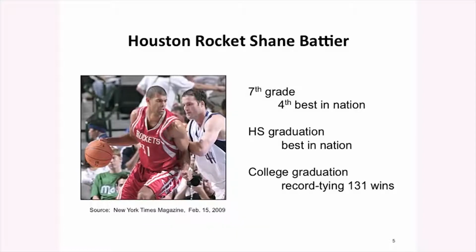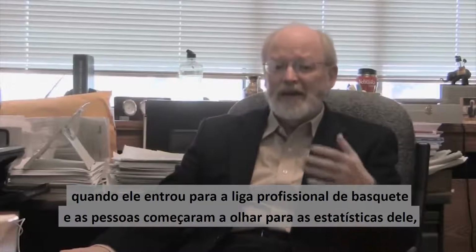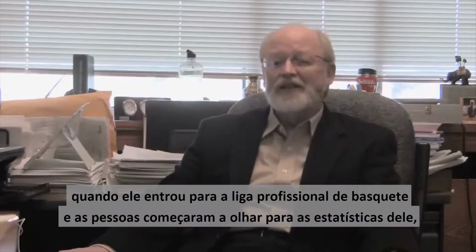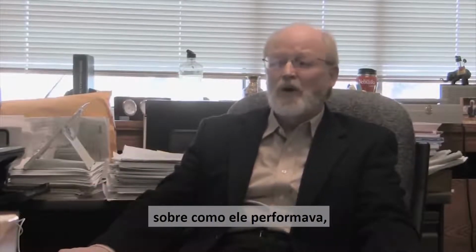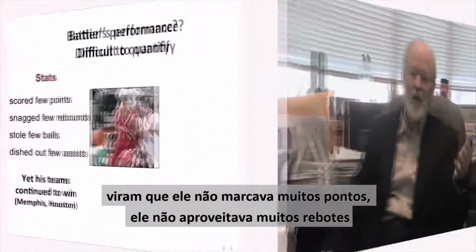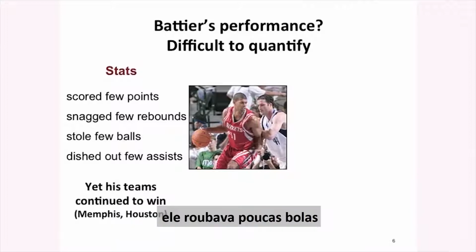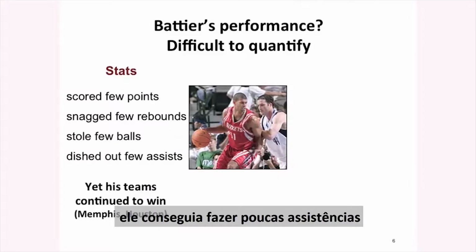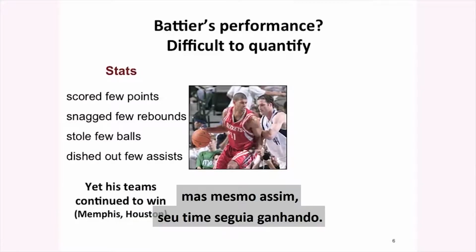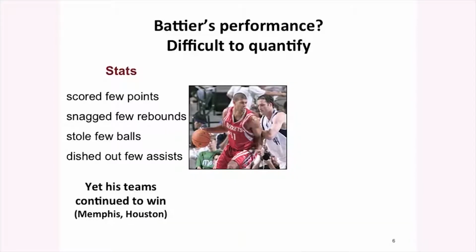Now, when he went into the professional basketball realm and people began looking at his statistics on how he performed, he didn't score many points. He didn't really snag many rebounds. He stole few balls. He really dished out few assists, but yet his team was winning.